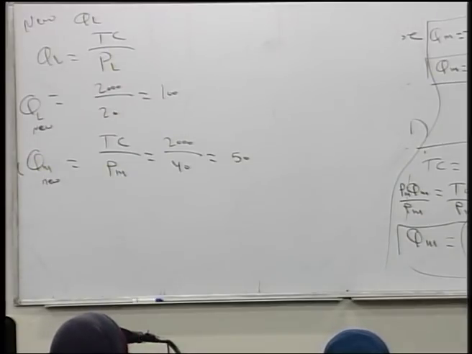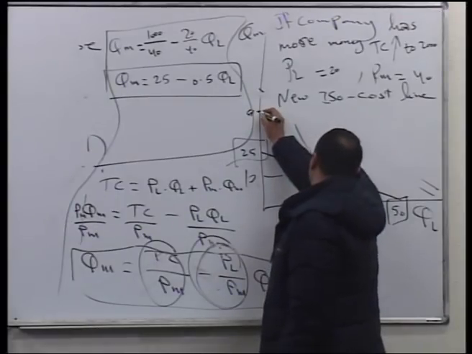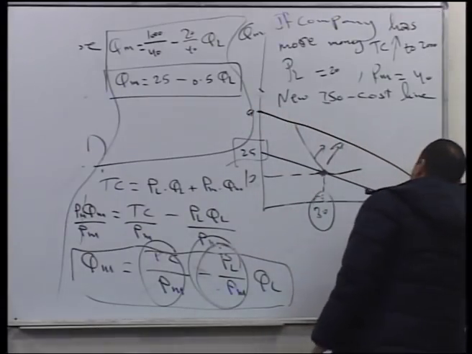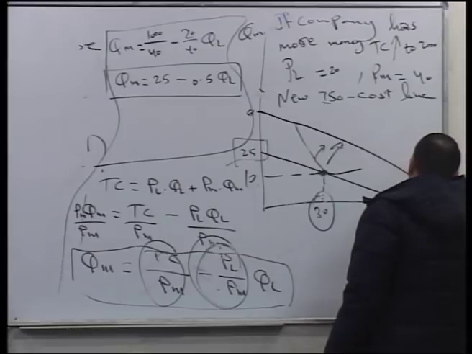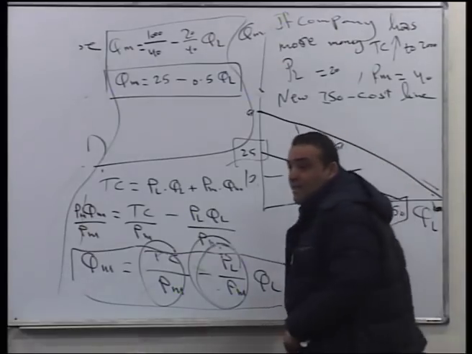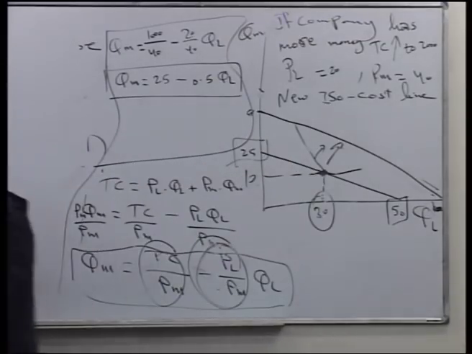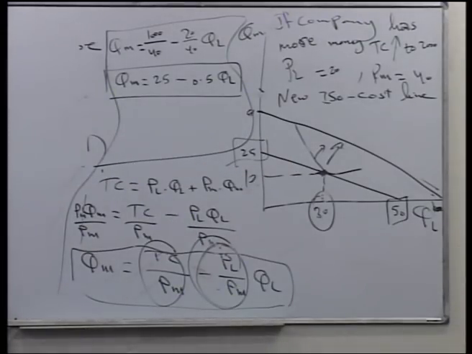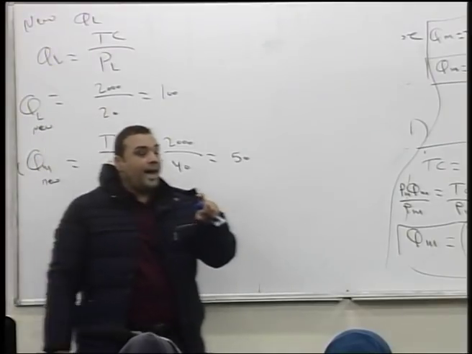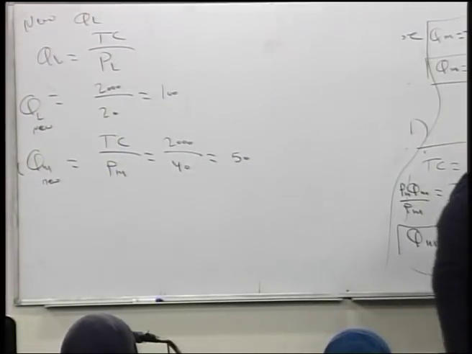So here it should be 50 and here 100. But how much is the new slope, or the new iso-cost line formula?